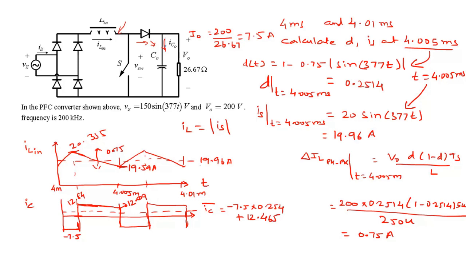That's the average of 12.84 and 12.09, which is nothing but the inductor current 19.96 minus the 7.5. That current lasts for a duration of 1 minus D, which is 1 minus 0.25 or 0.75.